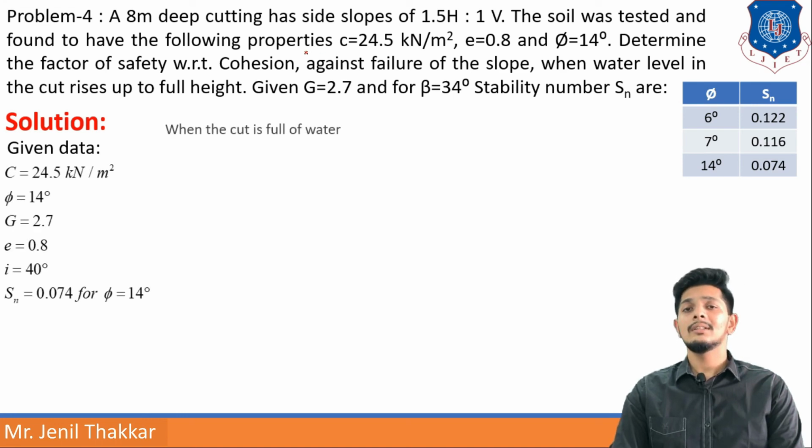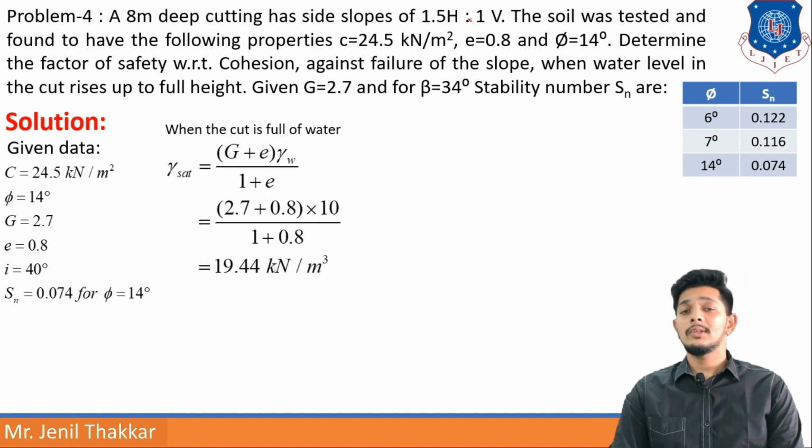So the given data is discussed like this. C is given, phi is given, G, E, I, Sn all are given, where the Sn value will change for different phi. First of all we need to find gamma saturated, and then we can find gamma dash. Why do we need gamma dash, the submerged unit weight? Because here the unit weight will be the submerged unit weight, as the cut fills up to full height with water.